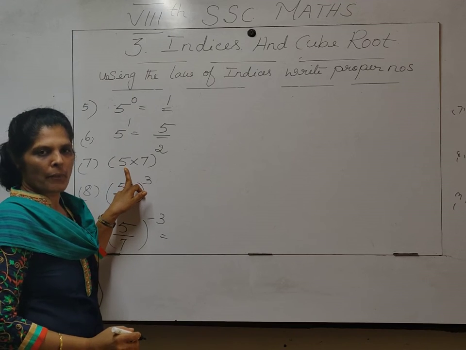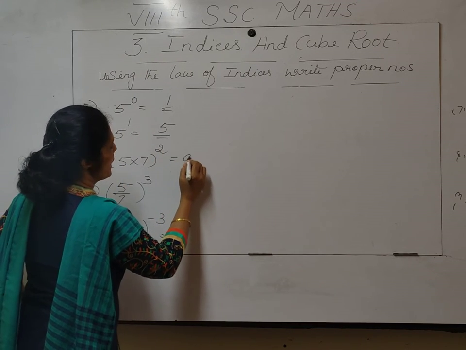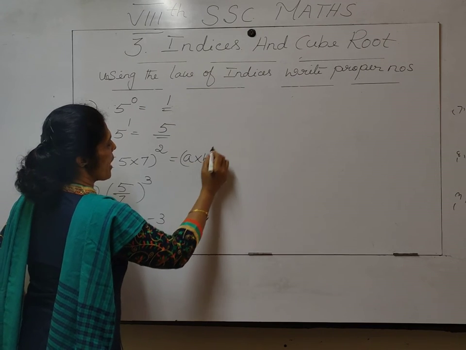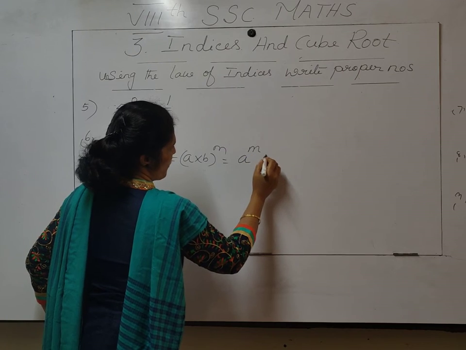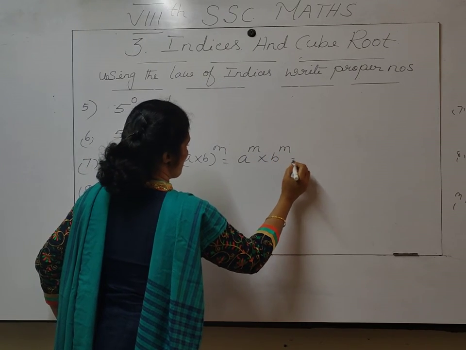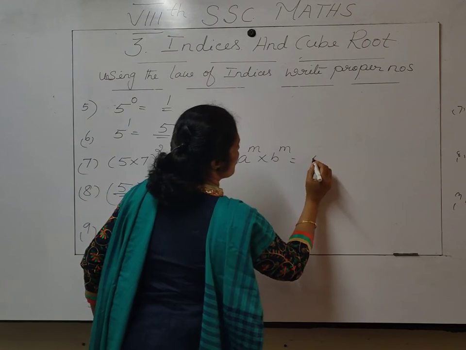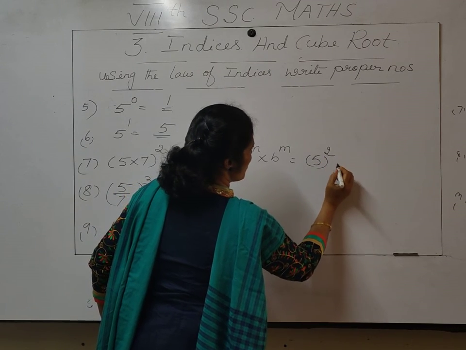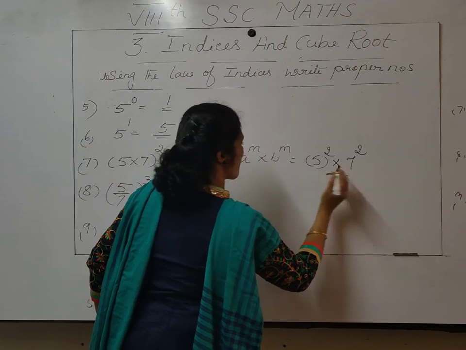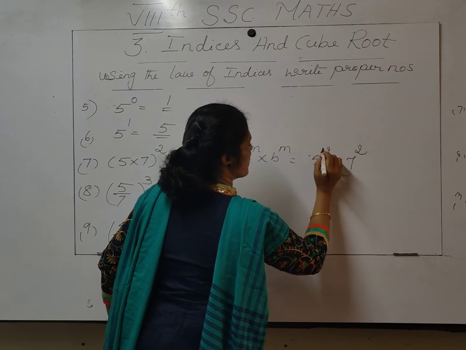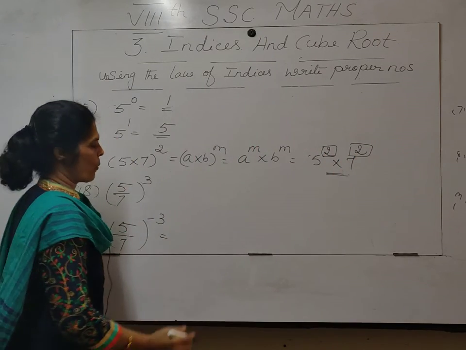Next, 7th question, 5 into 7 to the power 2, that is a into b to the power m. इसका लॉ क्या बोलता है? a to the power m into b to the power m. a बोला तो हमारा 5 है, b बोला तो 7 है, तो 5 to the power 2 into 7 to the power 2. इसको ब्रैकेट डालो, पावर 2 को ब्रैकेट डालो.